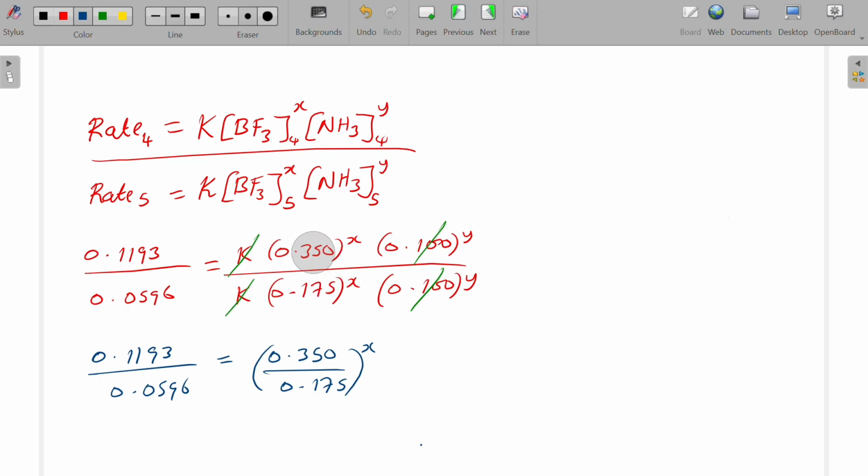Remember, we have the same power here, the power of x, so this is the same as that divided by this to the same power, which is x. So this is what we have. Now let's continue.